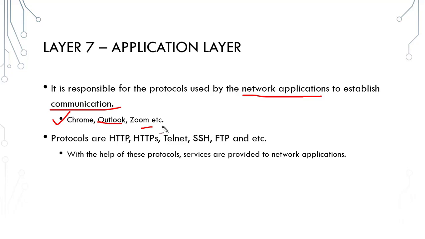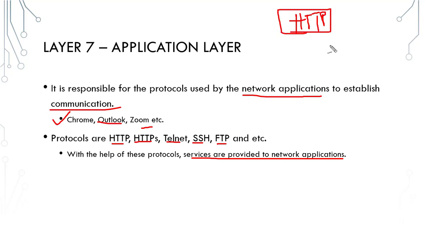The applications which actually work over the internet are application layer applications. The protocols at this layer are HTTP, the secure version of HTTP, Telnet, the secure version of Telnet, FTP, SFTP, etc. With the help of these protocols, services are provided to network applications. Let's say you want to use a website, you would use HTTP, right? So these protocols actually help in using the services available at the application layer.